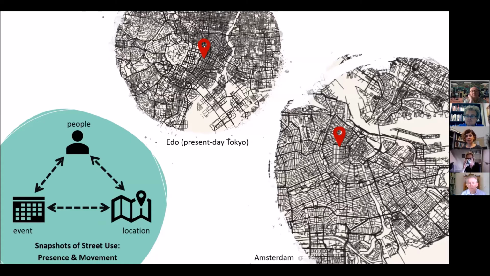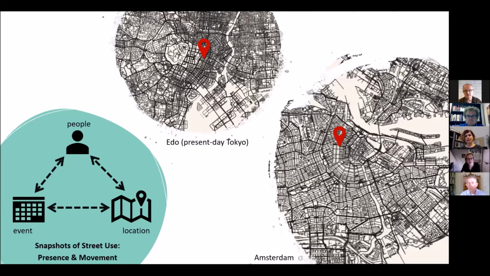Our project investigates what happens to street life in the pre-modern era, to say between around 1600 and 1850. We look at gender norms, at the way cities are governed, the urban form, and lastly, movement and use itself. We have a number of case studies in Europe and Asia, but the core comparison is on Edo and Amsterdam. And my case studies are also located in Edo and Amsterdam.